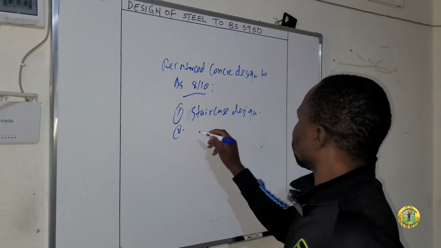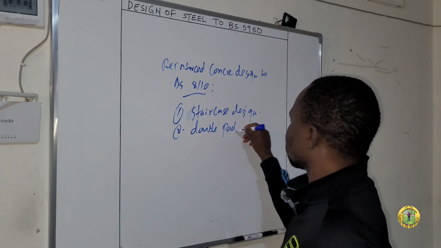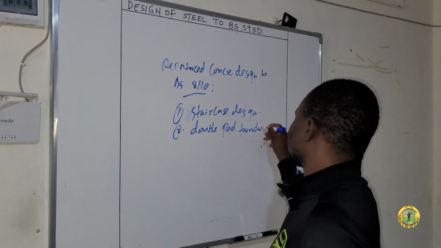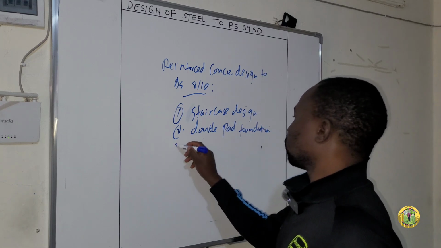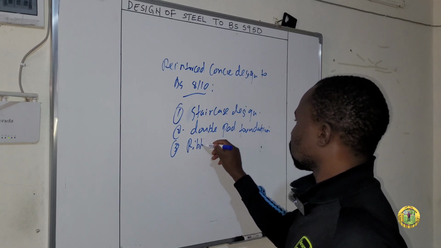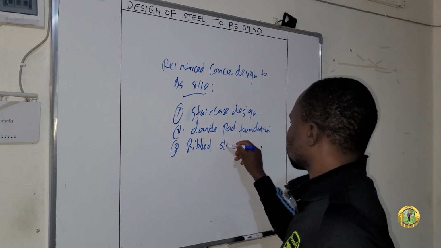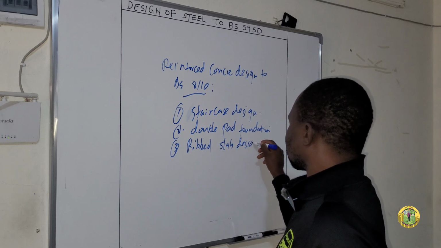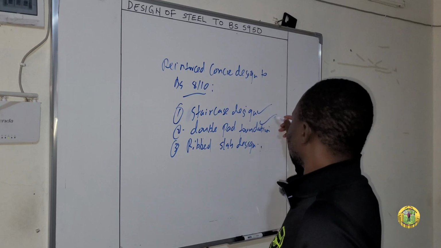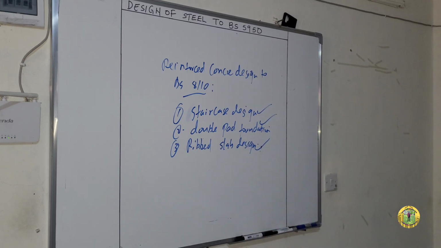Number two, the double pad foundation. And number three, the ribbed slab design. I will finish these three as I continue with the design of steel to BS 5950. So stay tuned for that.